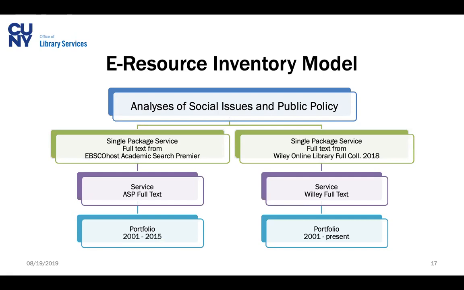The service is full text, and for the portfolio, you would have a coverage from 2001 to 2015. Now, you could also license it from the Wiley Online Library Full Collection 2018, where the service is the Wiley Full Text Service, and you would have the portfolio that's available from 2001 to the present.